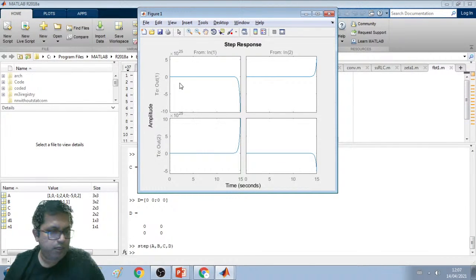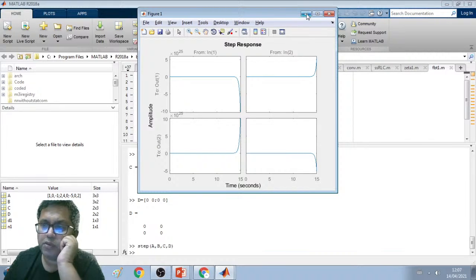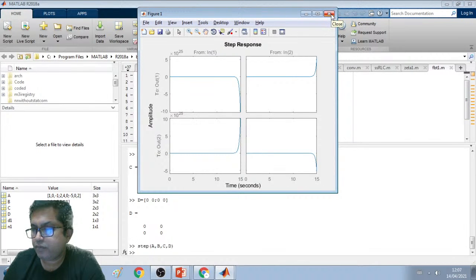This is the step response. So in this way you can find out the step response for state equations or state space equations.